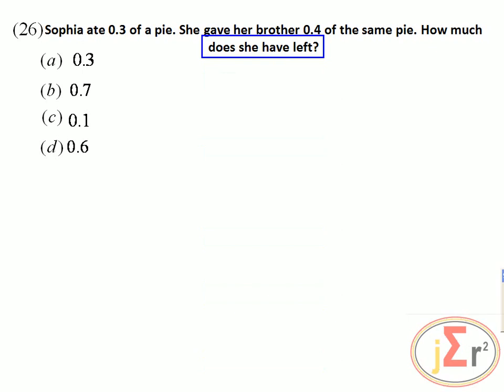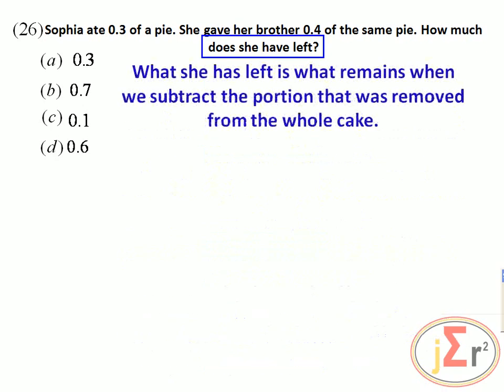What does she have left? So we need to know what portion she had left. What she has left is what remains when we subtract the portion that was removed from the whole cake. So we will remove the portion that was removed, and we will end up with what remains.